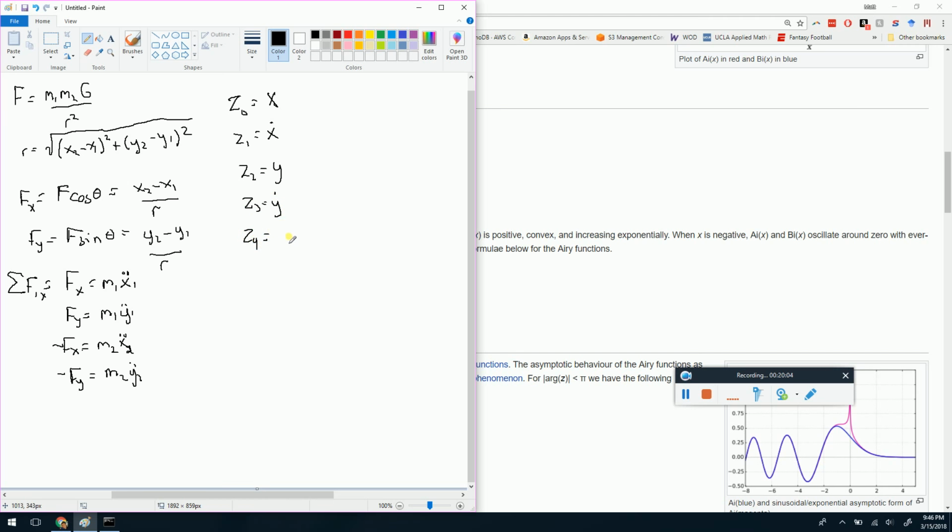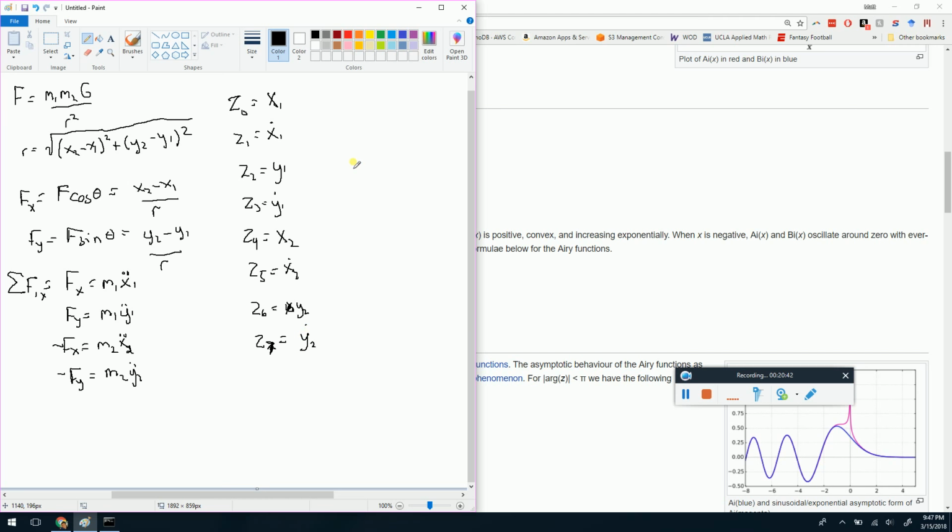Z4 will be, all these are x1s and y1s, this one will be x2. Z5 will be x2 dot. Z6 will be y2, and z7, handwriting is getting worse and worse, that will be y2 dot.